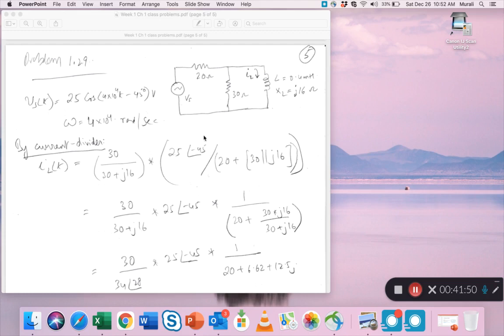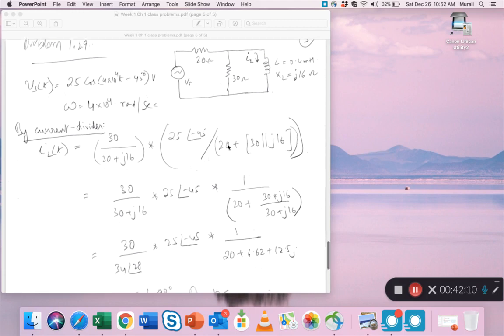Now what is I? I'm writing that directly. I'm taking the voltage in phasor form on the top divided by the equivalent impedance, which, like I told you, is the sum of this in series with this combination, which is in parallel. So 20 plus 30 in parallel with j16.